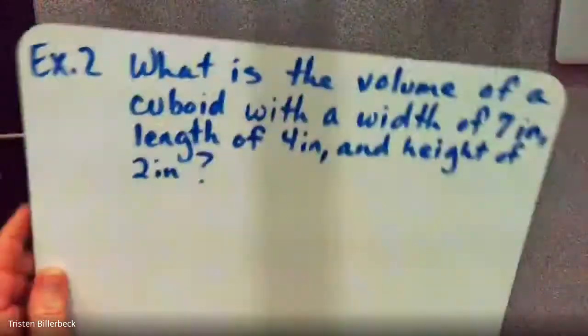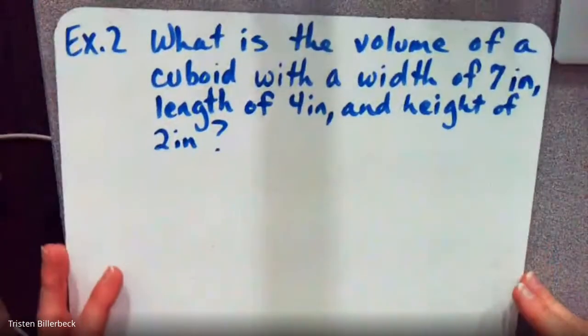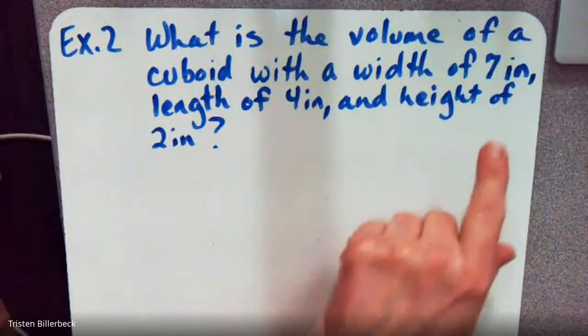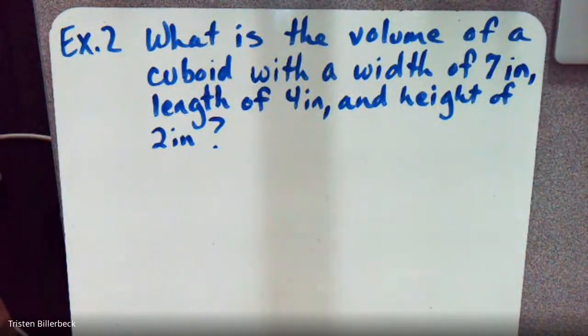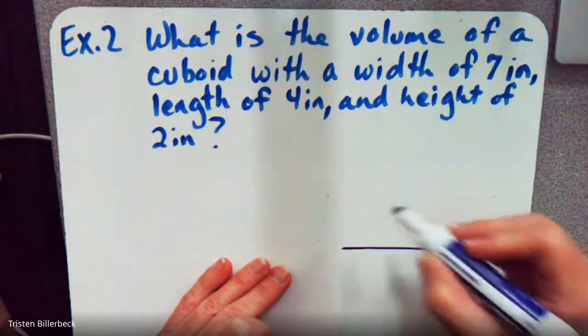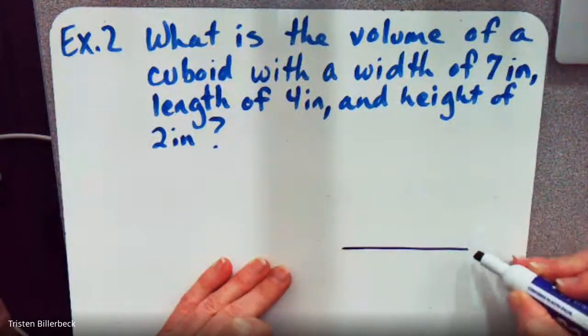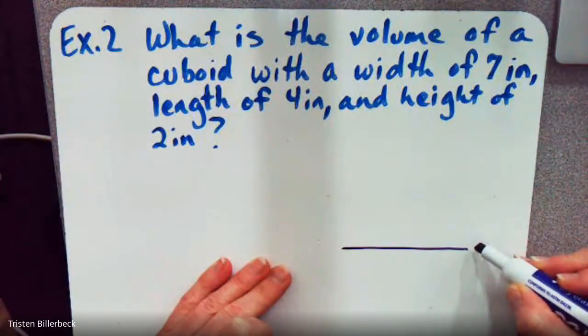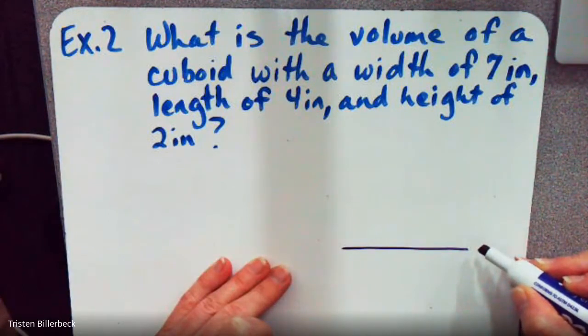All right, let's talk about the volume of a cuboid with a width of 7, a length of 4, and a height of 2. So it's a width of 7 and a length of 4.